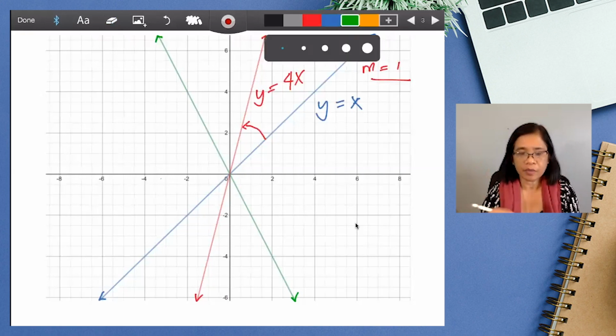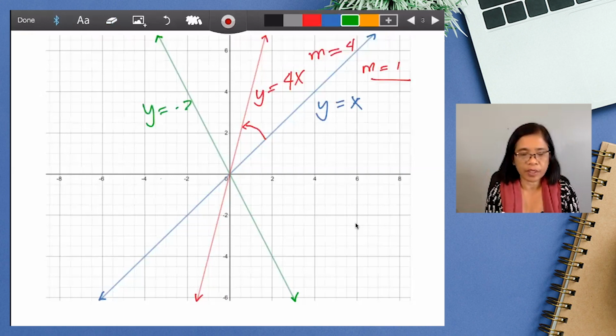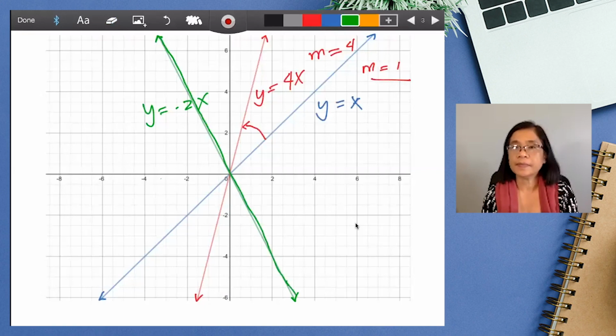And the green line, which we showed earlier, is the line y equals negative 2x. It has a negative slope and this line is falling. As x increases, y decreases. So to summarize, the effect of changing the value of m on the graph of a linear function is on the steepness of the line.